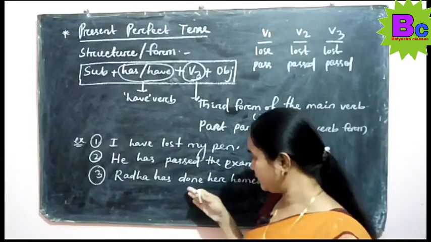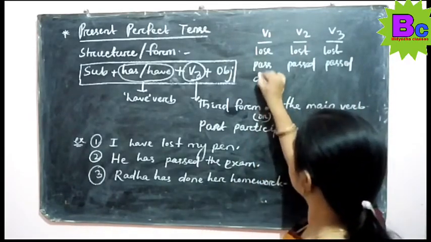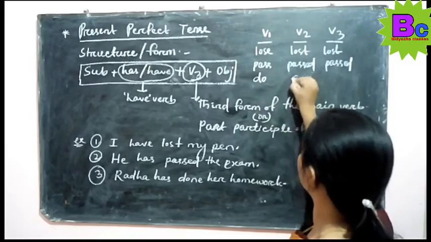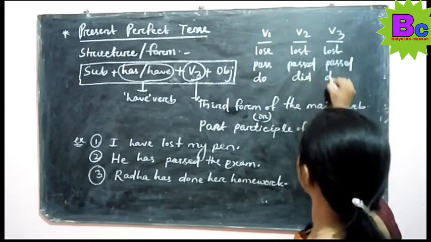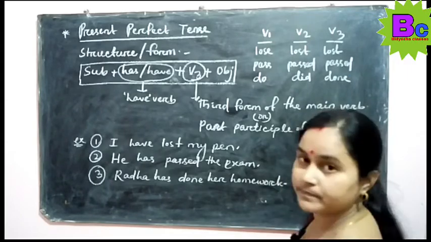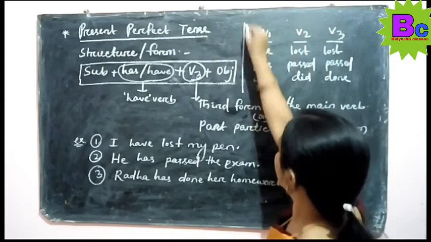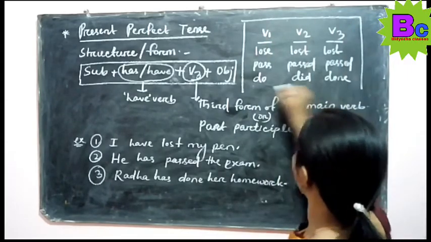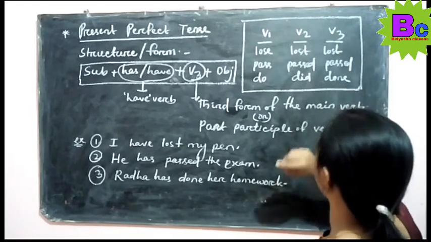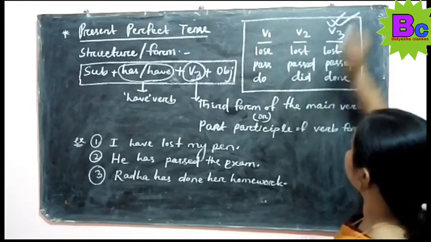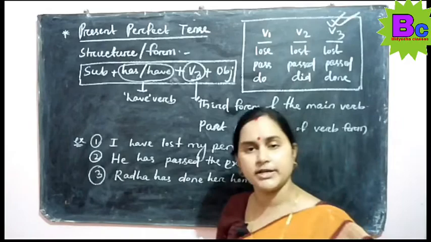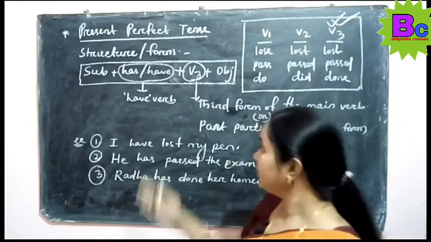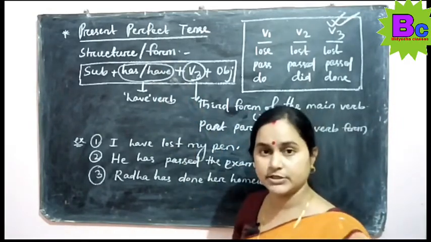Similarly, if I take the verb do, that is do, did and done. Look at the V1, V2 and V3 forms of the verb. We are taking the V3 form, or you can say past participle form of the verb, in case of present perfect.